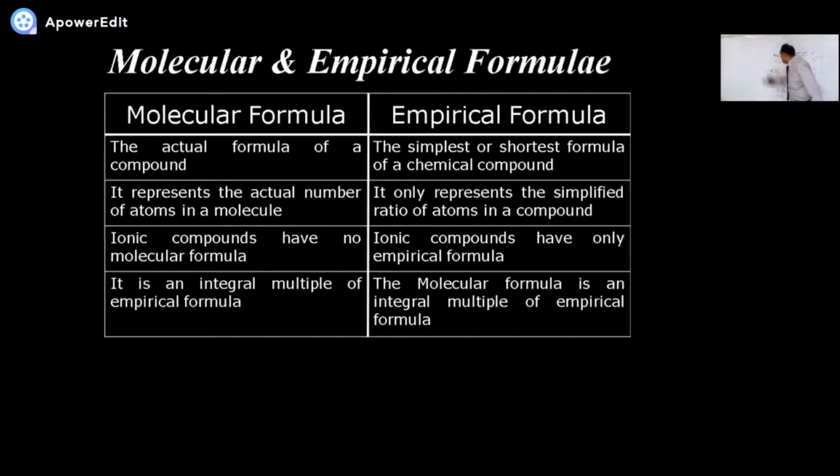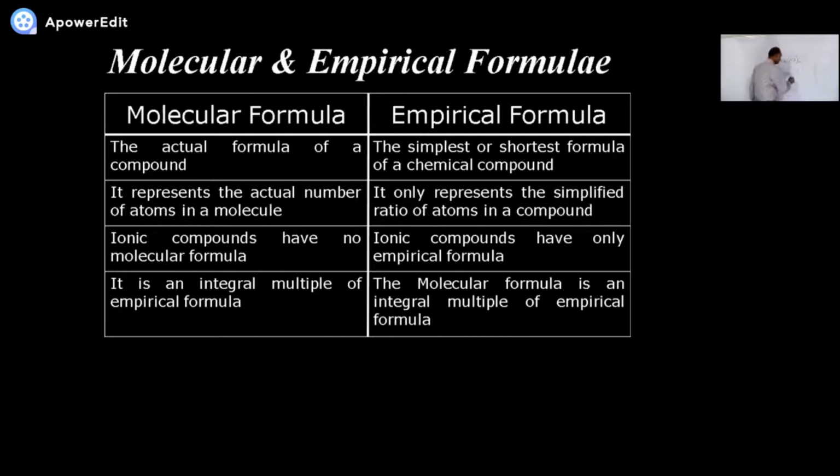I'm asking, if you want to convert an empirical formula into molecular formula, what do you have to do? You have to multiply it by a number. So it means empirical formula, when multiplied by a number, will give you back molecular formula.